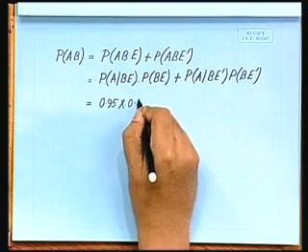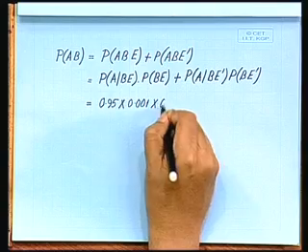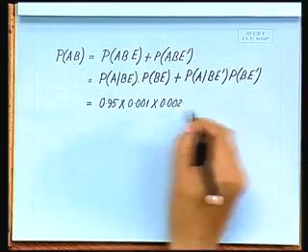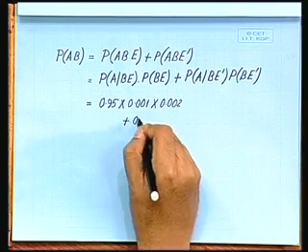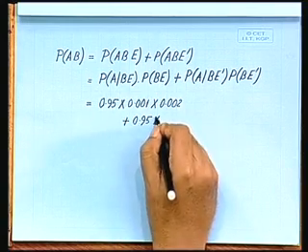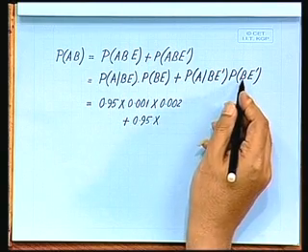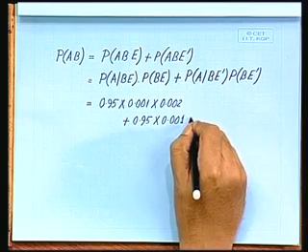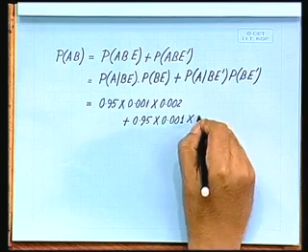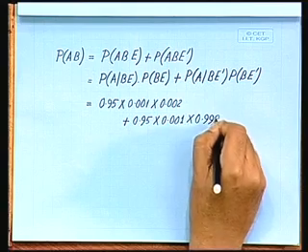So, if we use those values, we get 0.95 times P(B,E). Here B and E are independent, so that is just P(B) times P(E), which is 0.001 times 0.002, plus 0.95 times the probability of B, which is 0.001, times the probability of E', which is 0.998.